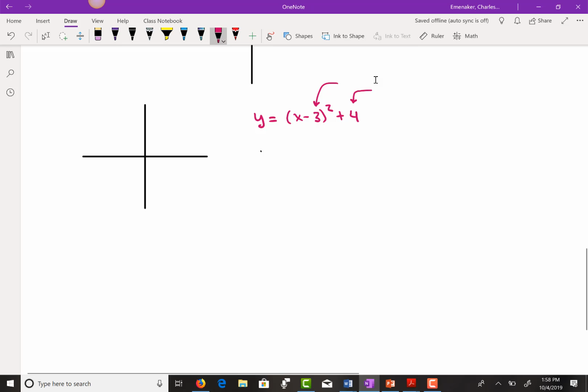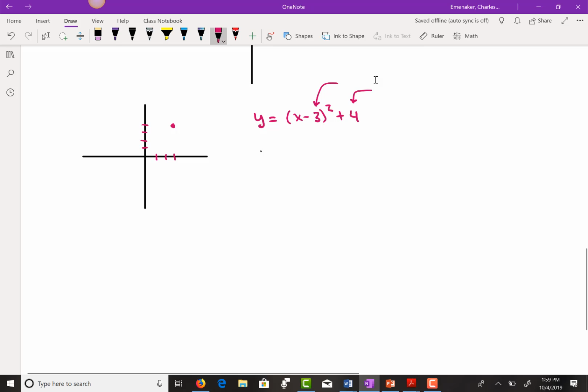So what this says is we're going to go left or right 3 units. We're going to go to the right because a positive 3 will cause that to zero out, won't it? Okay, so we can go over to the right 3: 1, 2, 3. And then we want to go up 4: 1, 2, 3, 4. And that's going to be the point where the vertex is.